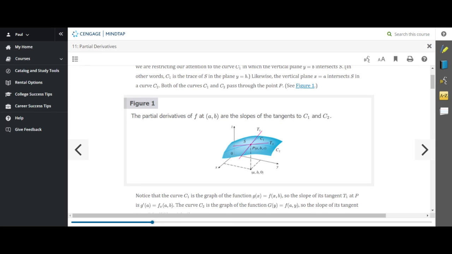Yeah, that's right, Lexi. You see below the tangent line, there's a C1 curve, a space curve C1. You see that? That blue space curve C1? It's on the surface.